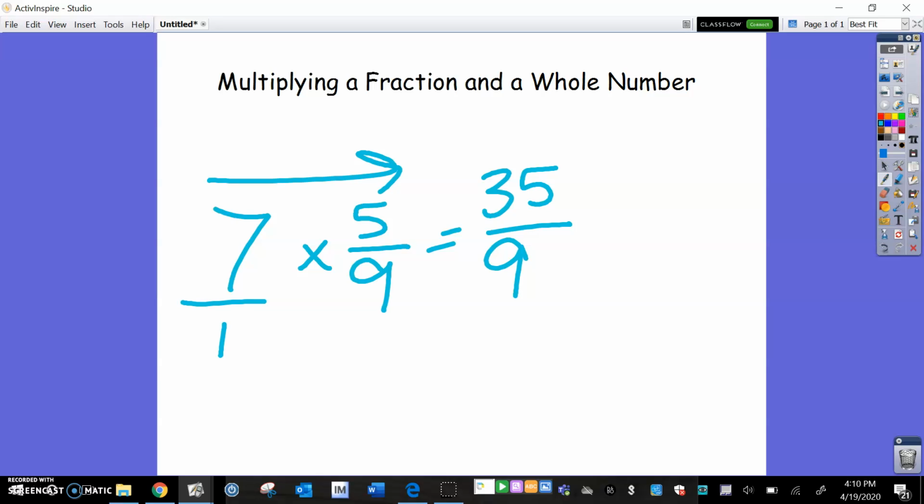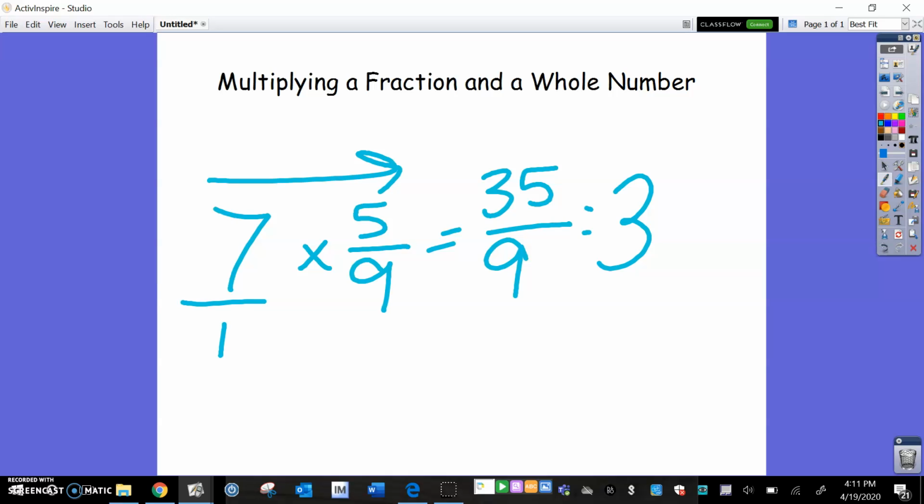So we had a different way of finding our whole number. I can skip count by 9. That's going to help me get my whole number. So I have 9, 18, 27, and then 36. I can't go over 35, so 36 is too big. I'm going to go back to 27. So that gives me a whole number of 3.